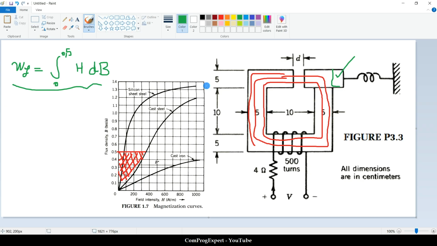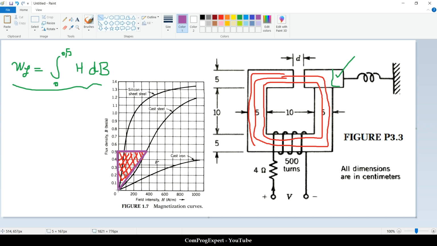Because we need the BH curve of the material and then calculate this area numerically using MATLAB, for example. But for manual calculations, we can approximate it. Consider this triangle. This is just an approximation, not the exact value.